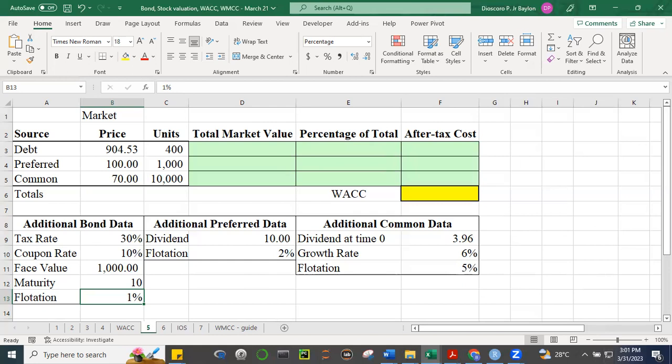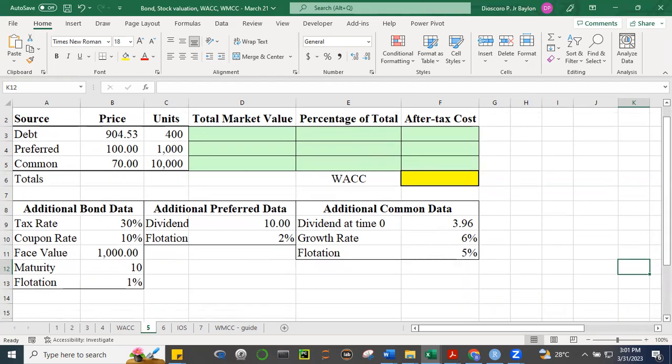Okay, so I'll give you... let's see, saan ba natin ilalagay dito? Ito pala. You can put here the after-tax cost for the debt. Pero for the preferred and the common, hindi. No?